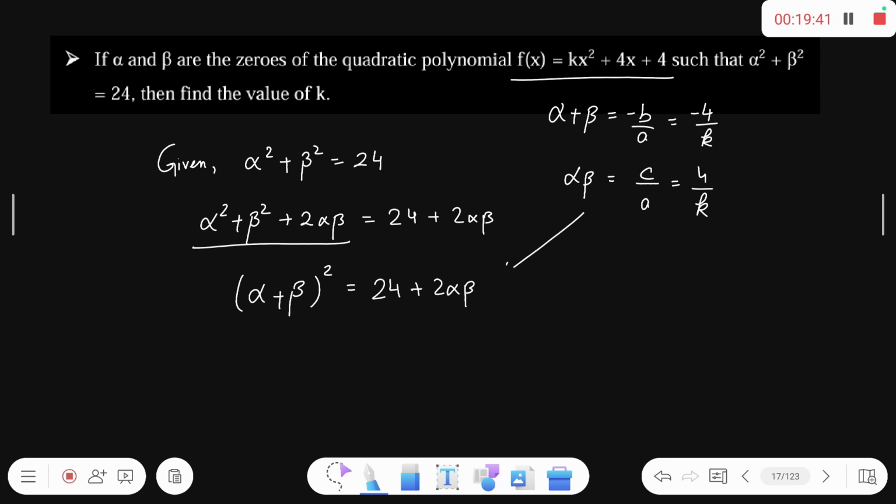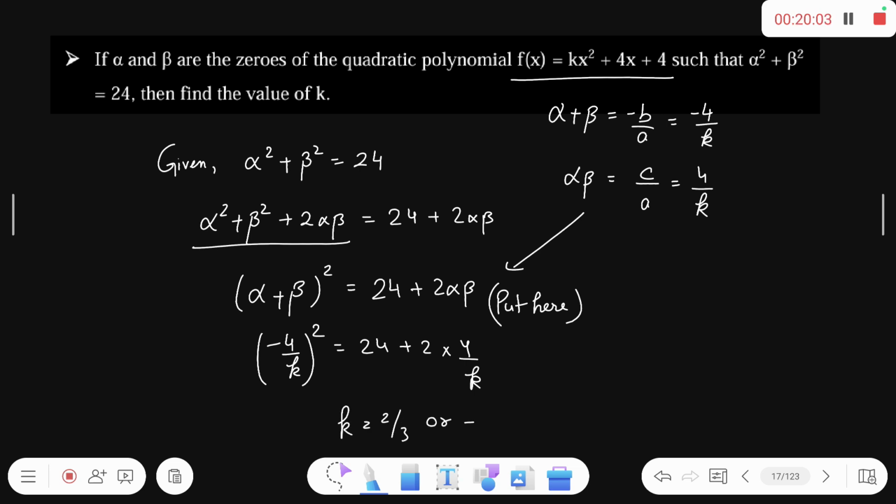Now put these values here. It becomes minus 4 by k whole square is equal to 24 plus 2 into 4 by k. On solving this, you will get k is equal to 2 by 3 or minus 1.